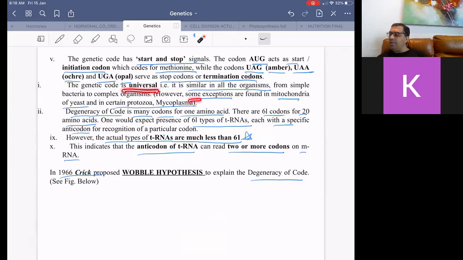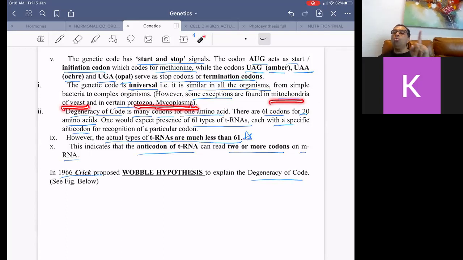Some exceptions are found: mitochondria of yeast and certain protozoa like mycoplasma. So mitochondria of yeast and protozoa like mycoplasma do not observe the rule of protein synthesis.